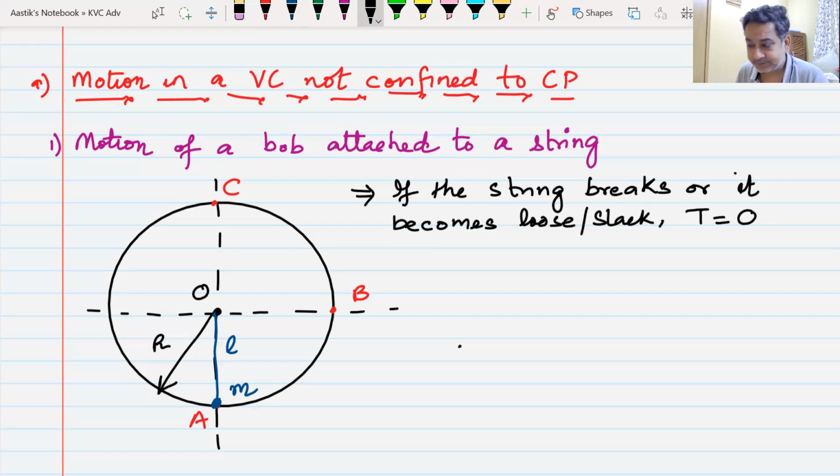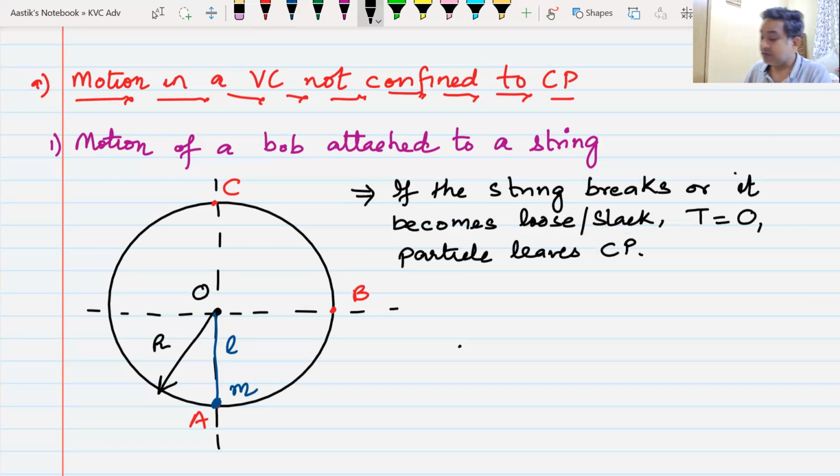Yes or no? Yes, sir. Then the particle leaves CP. What do you mean by CP? Circular path. And the particle leaves the circular path.